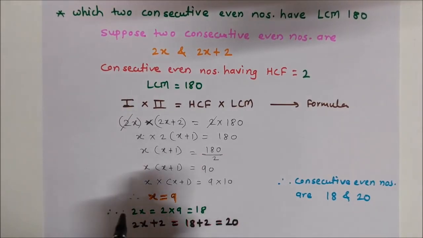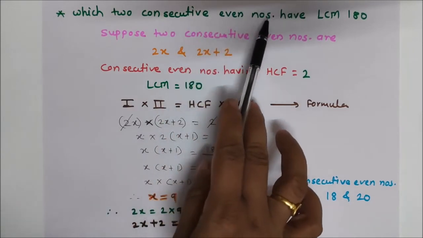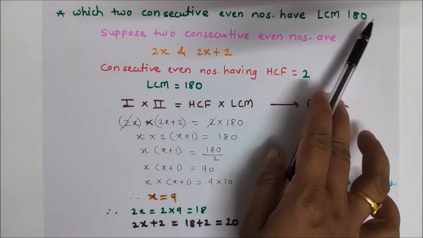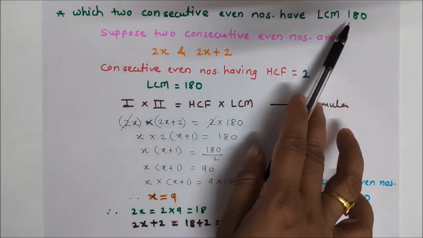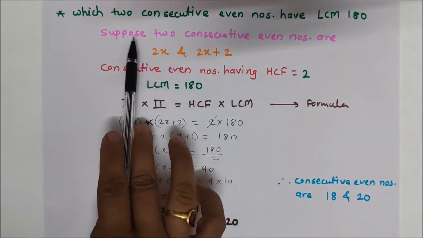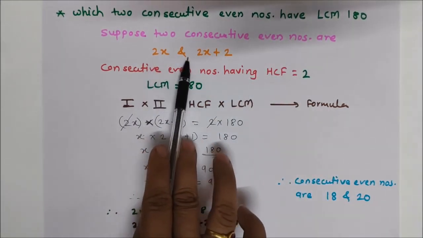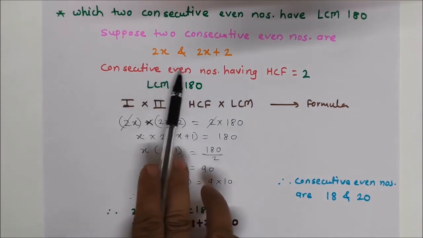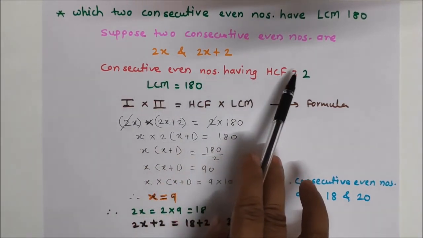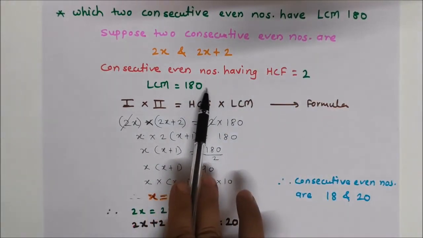Let us study one more example. Which two consecutive even numbers have LCM 180? Suppose the two consecutive even numbers are 2x and 2x plus 2. We know that consecutive even numbers have HCF 2, and the LCM is given as 180.